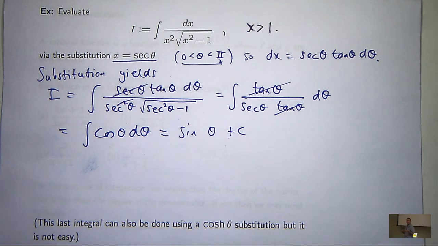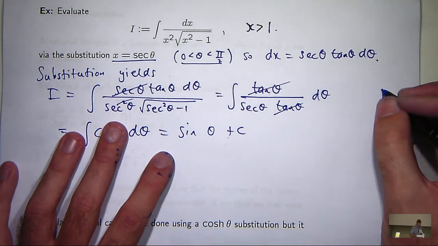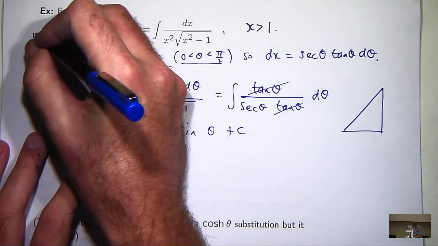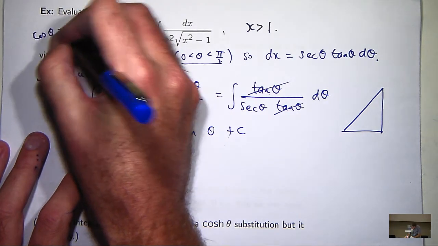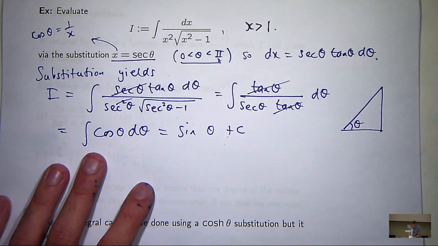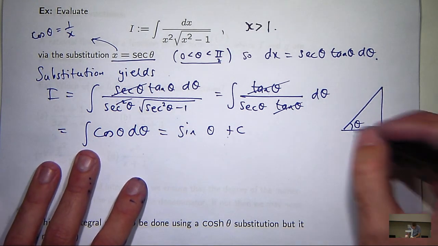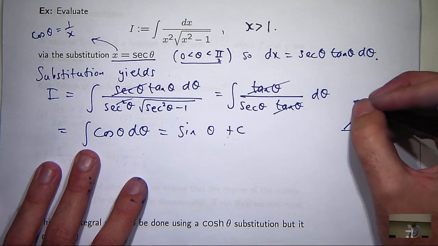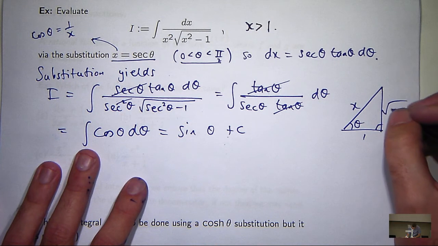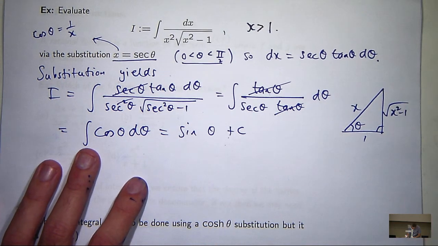Okay, so if that's my angle, cos is adjacent over hypotenuse. And then to work out this third side, again, you just use Pythagoras. So from that little right-angled triangle, I can calculate sine theta: opposite over hypotenuse.